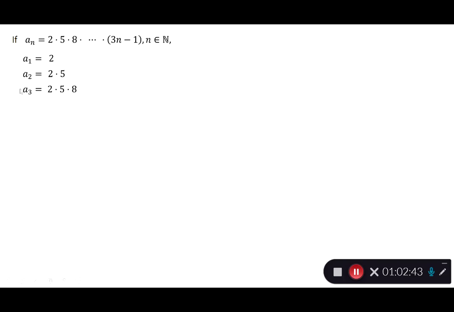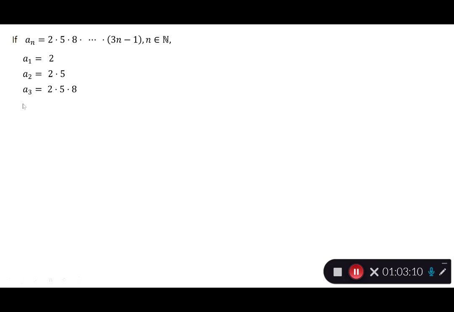Let's apply that to get a sub 3 according to that way of looking at it. What should we do? A sub 3 is whatever a sub 2 is. Just quickly go ahead and write down what a sub 2 is. 2 times 5. But now you multiply by an additional term. What is that term? 3 more than the very last term that you had. 3 more than 5 is 8.